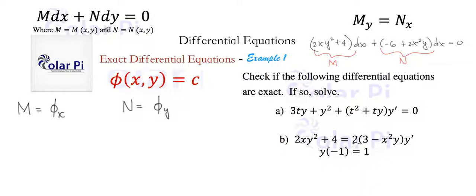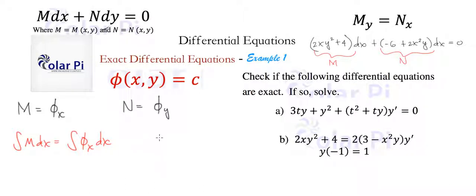Yeah? So knowing this, since what we need to do to solve our differential equation, which is the same as this, right? To solve this differential equation, what we need to do is retrieve phi. Since that's the task, we have two options. We could either integrate m with respect to x, right? So we can try to retrieve phi that way, because we're going backwards, because m is like phi after taking the partial with respect to x.